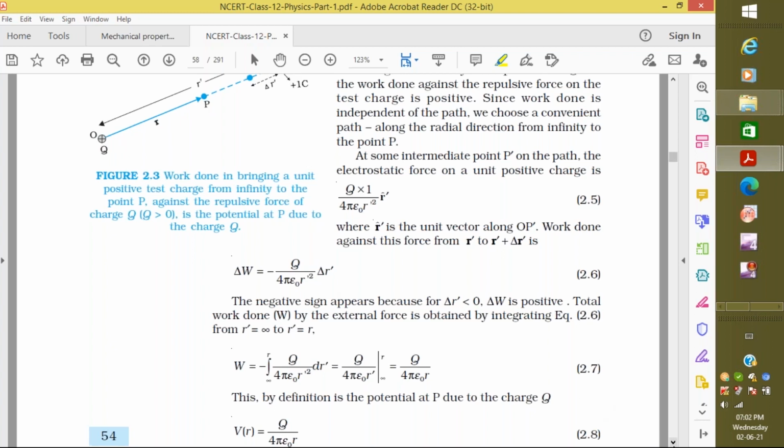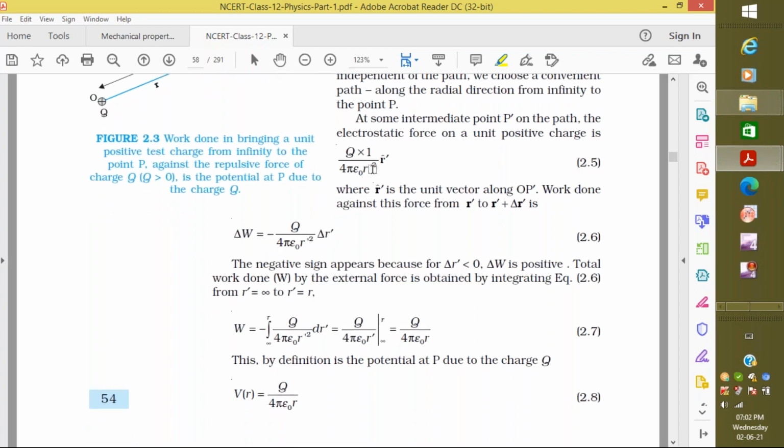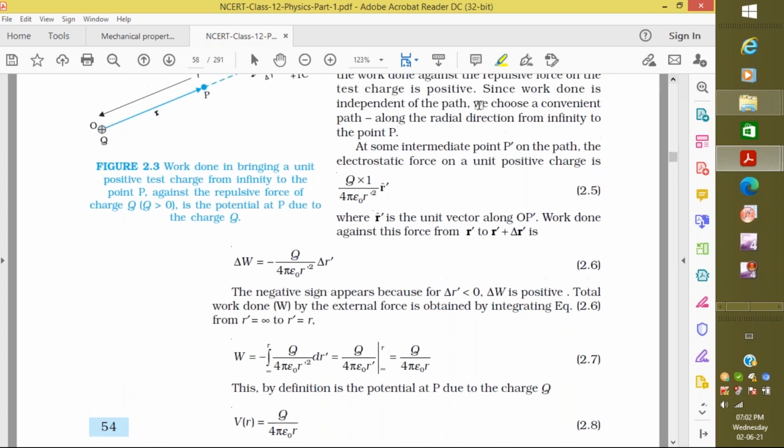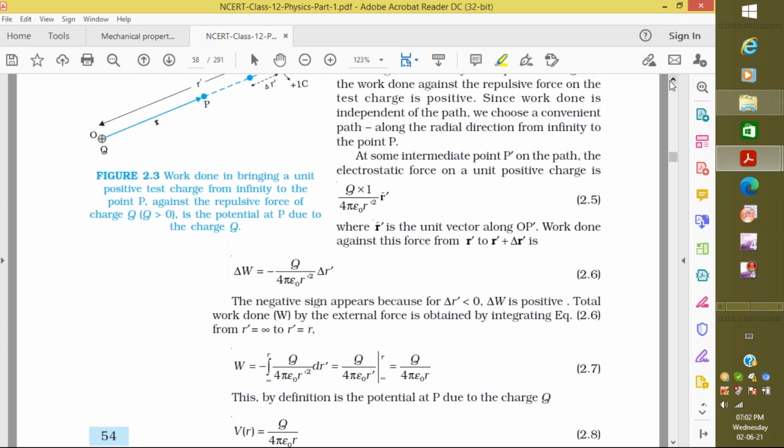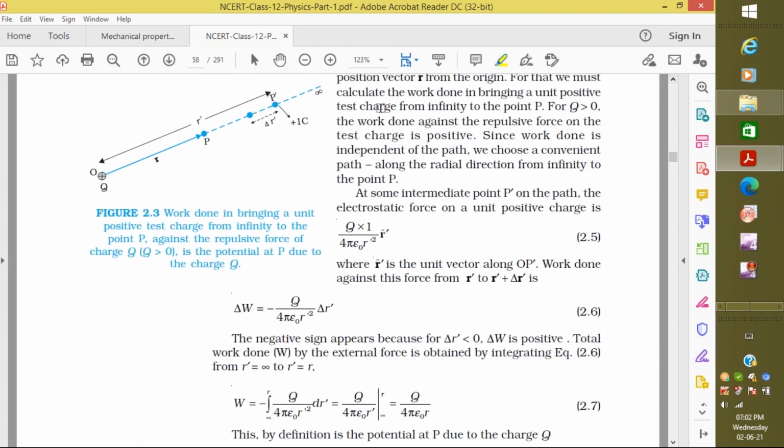As I bring it nearer, the difference between the point P and P prime is decreasing. That's why this delta r will be negative, so they have put a negative here. So first I am just calculating the work done for bringing it an elementary small distance, delta r prime.